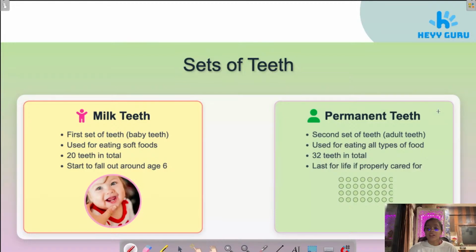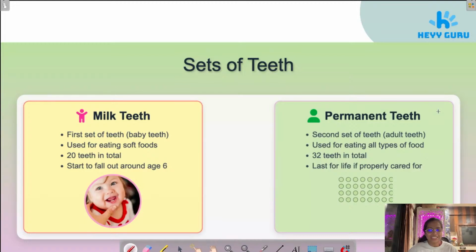I think I can say that your teeth are also falling, right? Or not? Yes. Hi Samanvita, hi. So your teeth are also falling, right?